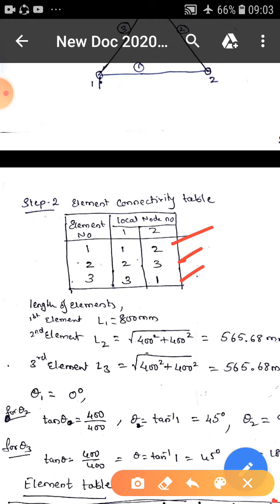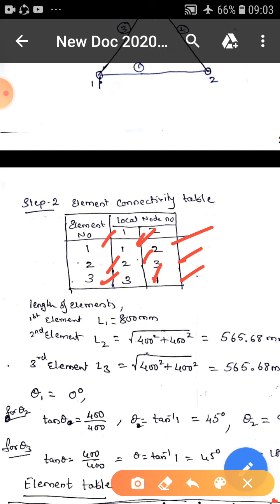For element 1, you have to measure theta at node 1, as good as keeping a protector center at node 1 for that element. For element 2, you will keep the protector at node 2, and for element 3, you will keep the protector at node 3. That's it.